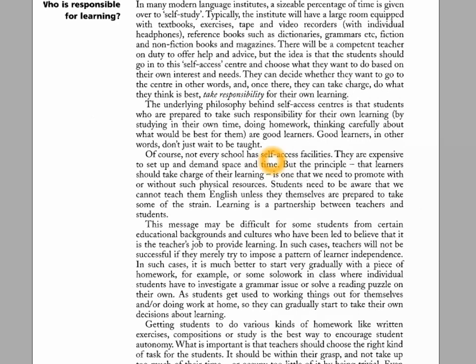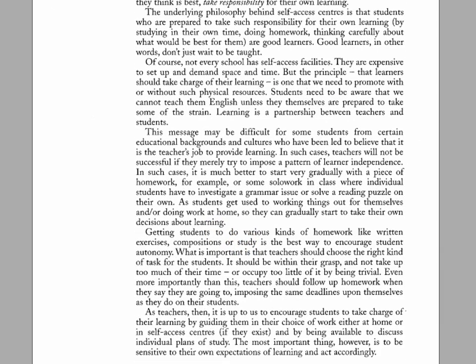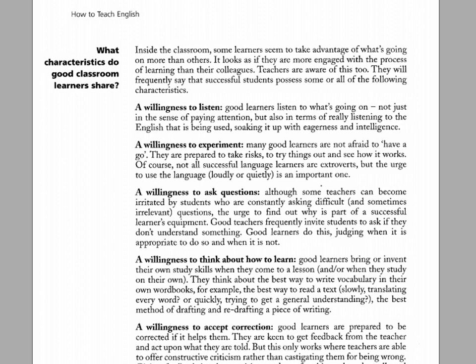By getting some facilities like headphones or videos, TV, laptops, and others, like talking to others through Skype. Next point, what characteristics do good classroom learners share? The characteristics are: willingness to listen, willingness to experiment, willingness to ask questions, to think about how to learn, and willingness to accept correction.